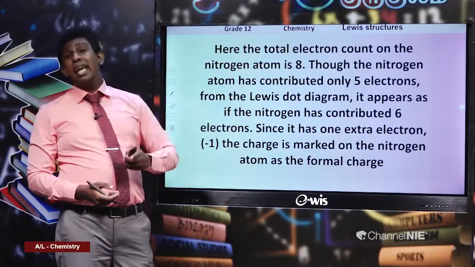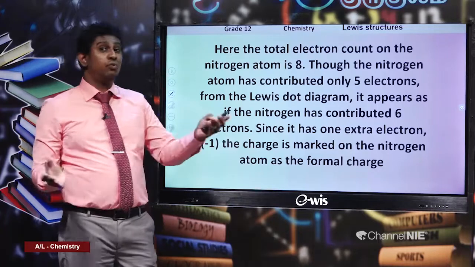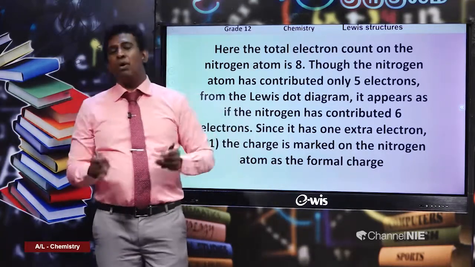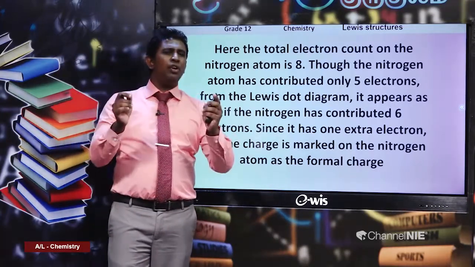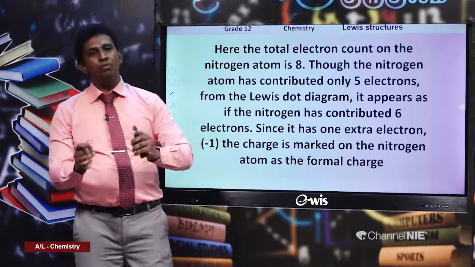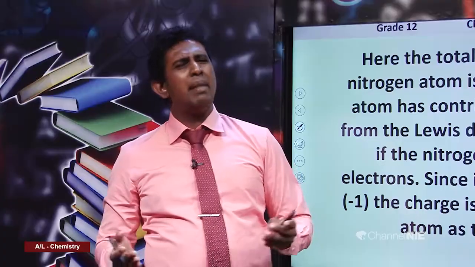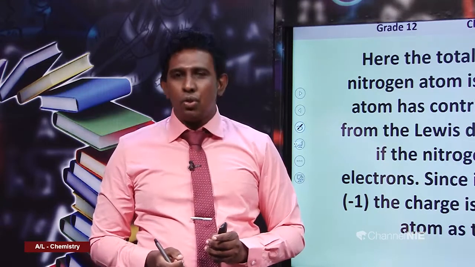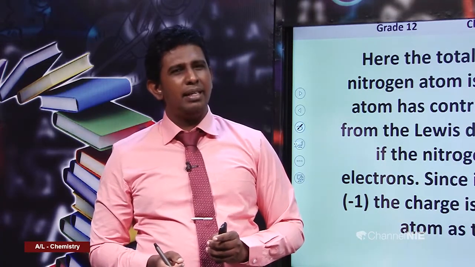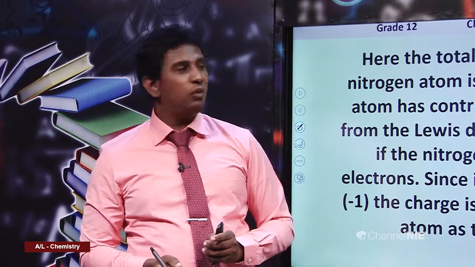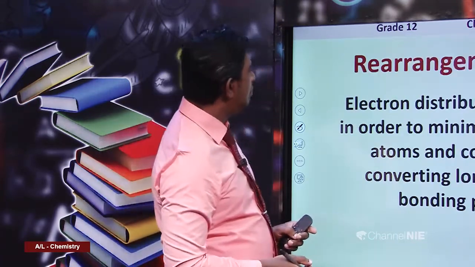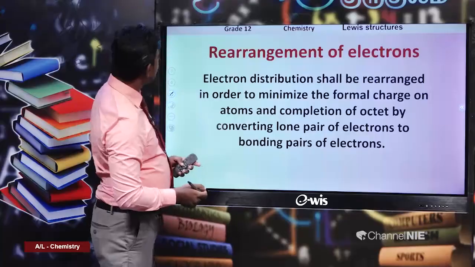Then our next effort, after placing those formal charges, is drawing bonds to minimize formal charges. How could we manage that? Students, hope you remember a dative bond. A dative bond could be drawn in this way.